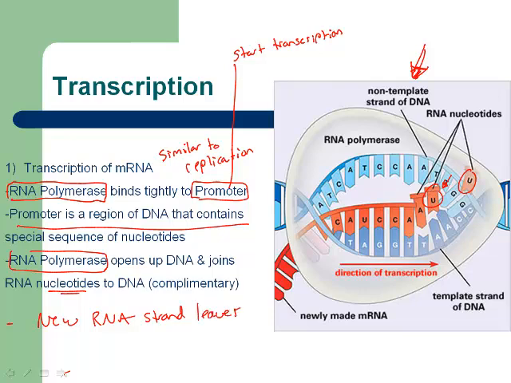It detaches from the DNA strand here, and then goes through the nuclear pore and into the cytoplasm. And then the DNA just totally recovers. It recoils up. So it just opens up and gets copied and then coils back up like nothing happened.